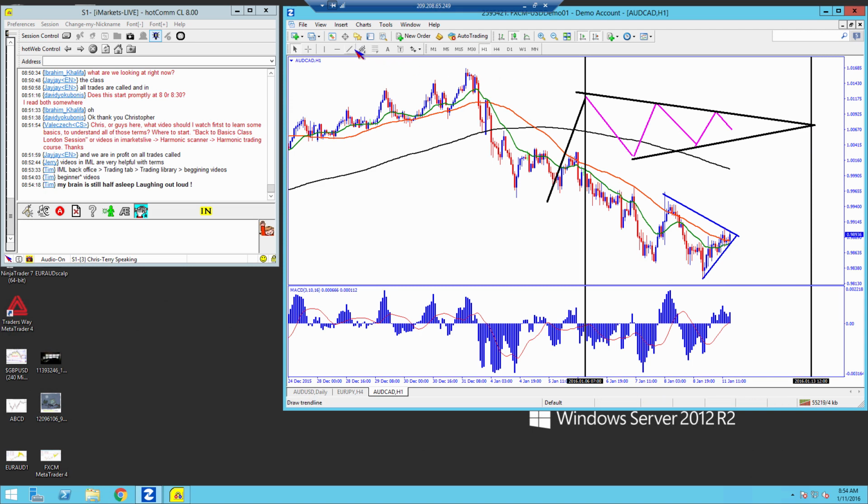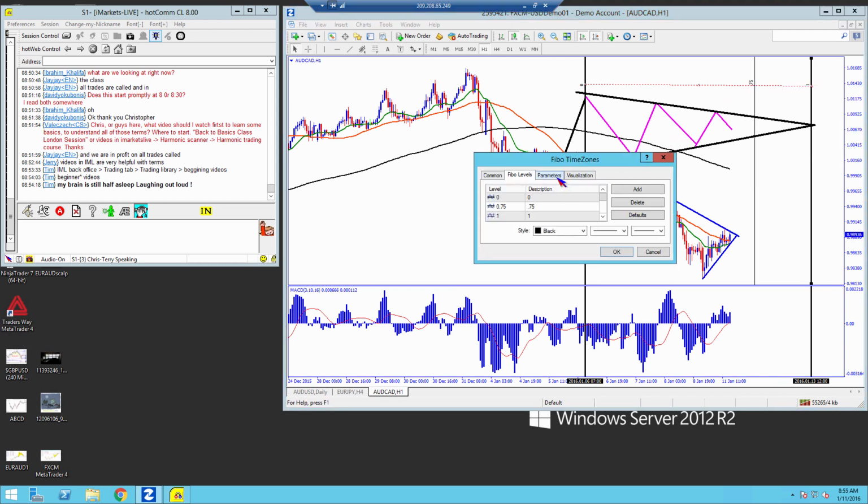What I like to do is take the Fibonacci time zone, and I'll take it from 0 to the end where it's 100%. So you have 0, 100, and then I take 75, right there. I'm not sure I can make these things bigger or thicker.